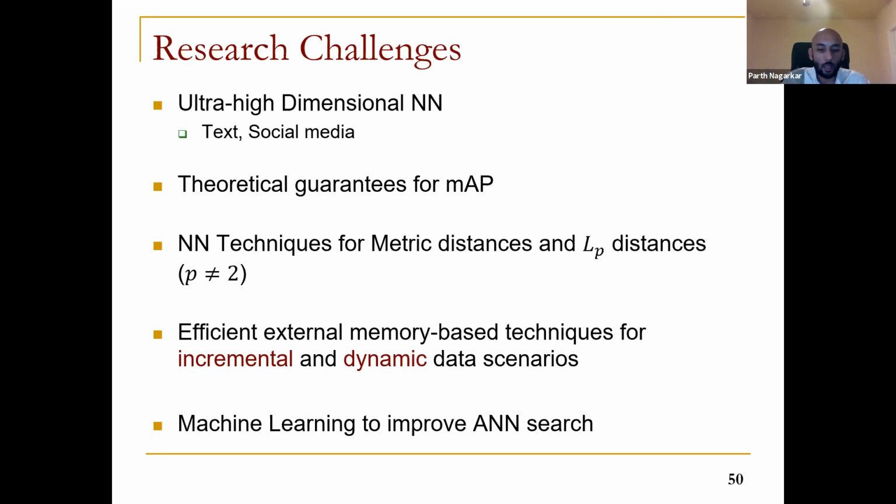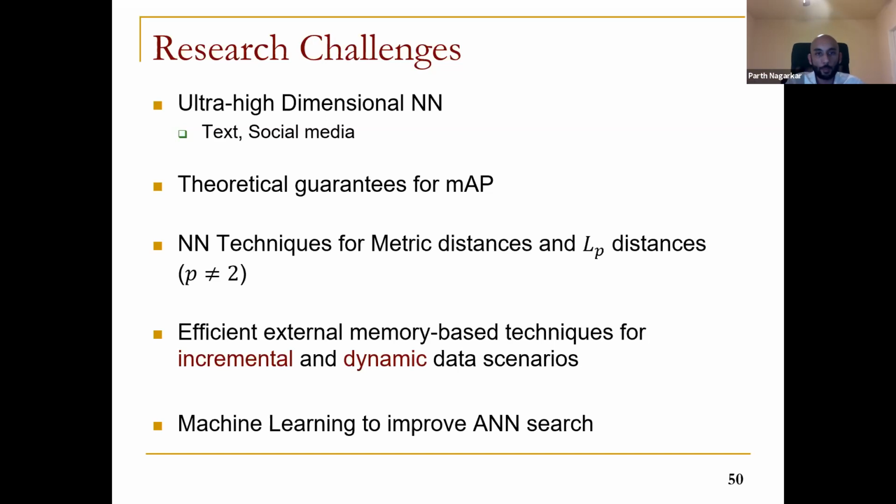Additionally, we talked about NN techniques for Euclidean distance, but what about LP distances where P is not equal to 2? What if you have 1.5? There are some papers on it, like lazy LSH, a popular technique, but not many in that domain.